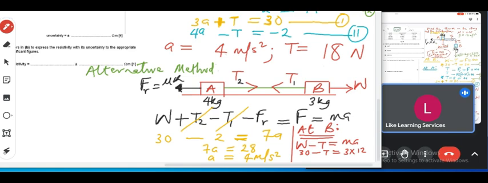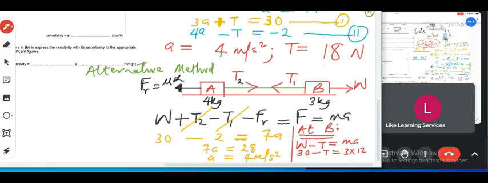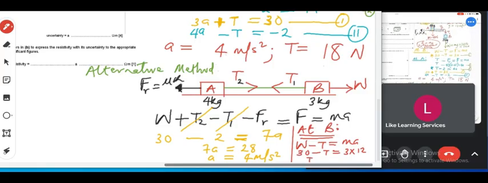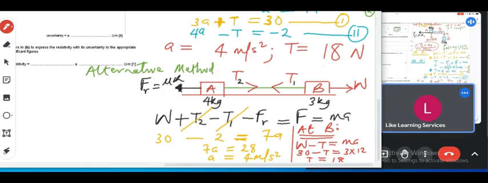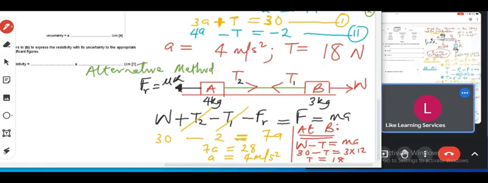So T will be what? I think T is still 18 that we found earlier. Okay, so that's that.